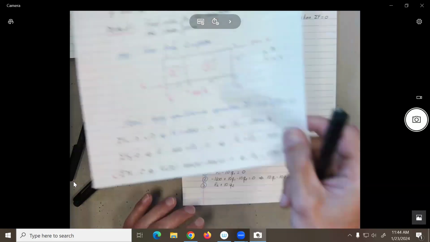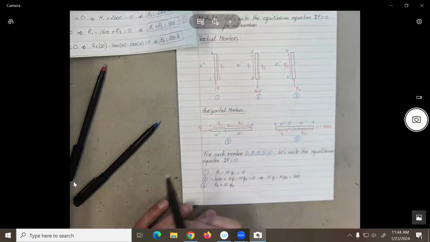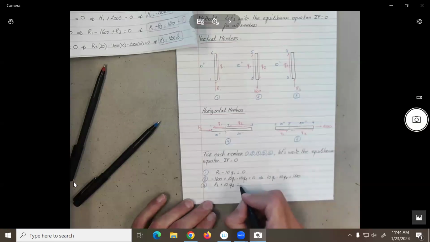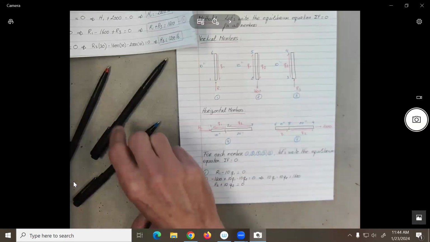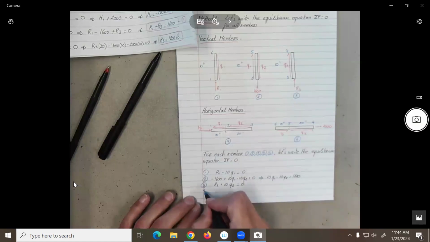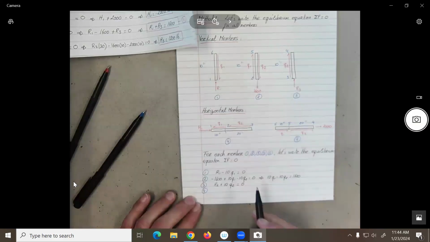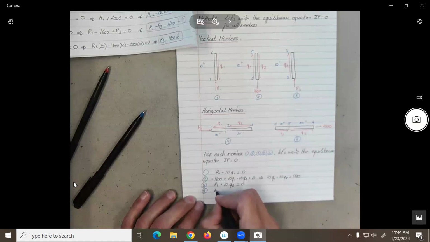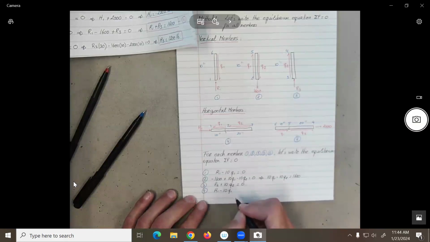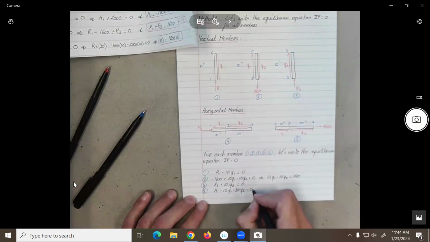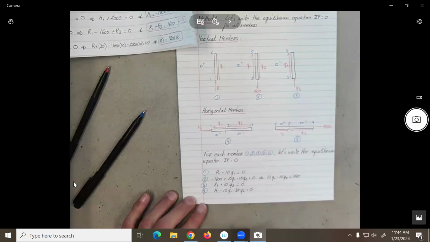Okay, so what do we have here? R3 plus 10Q2 equal to 0. Now go to 4. What should be the equation in 4? We're going to have H1 minus 10Q1 minus 20Q2 equal to 0.